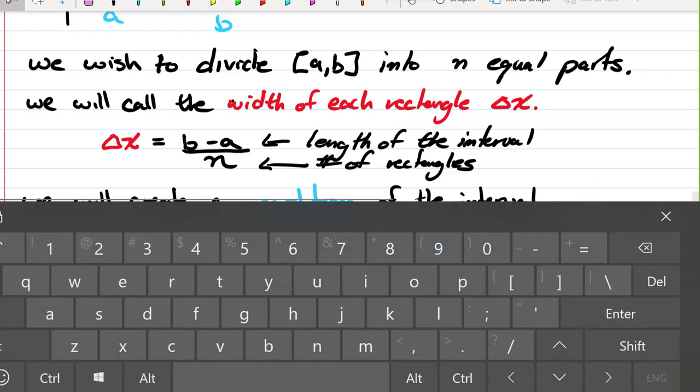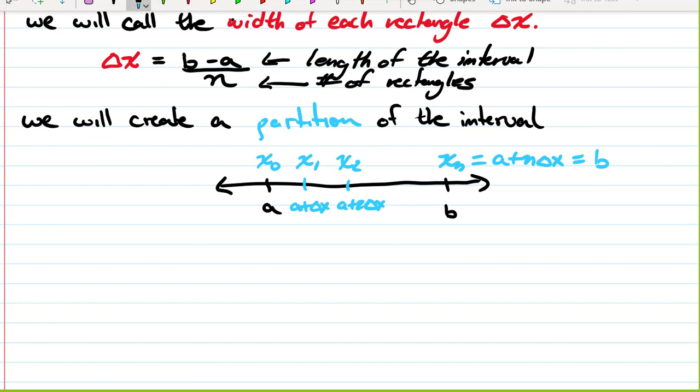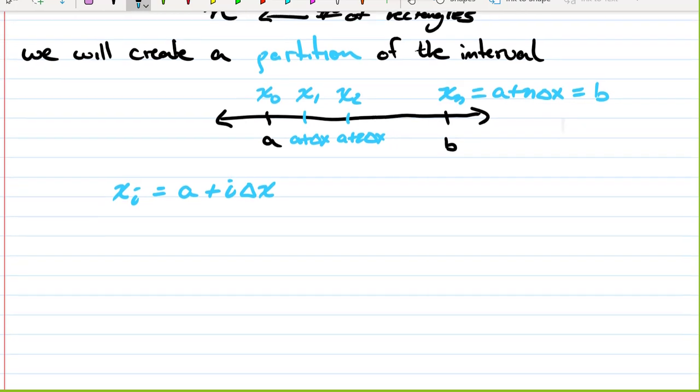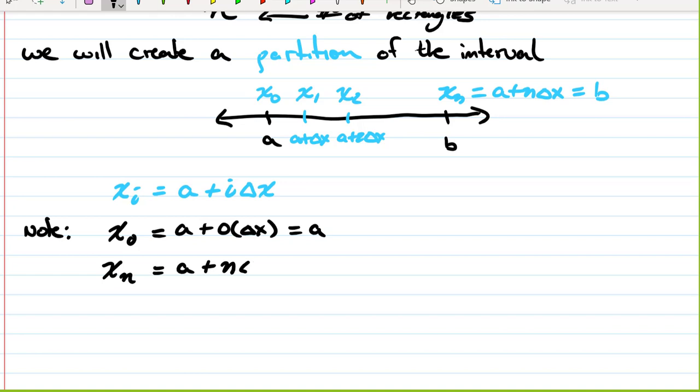So then this gives a formula for these x's. So our x sub i is then equal to a plus i times delta x. And as we saw above, it's worth noting that x sub 0 is equal to a plus 0 times delta x, which gives us a, which is the first one, and x sub n is equal to a plus n times delta x.